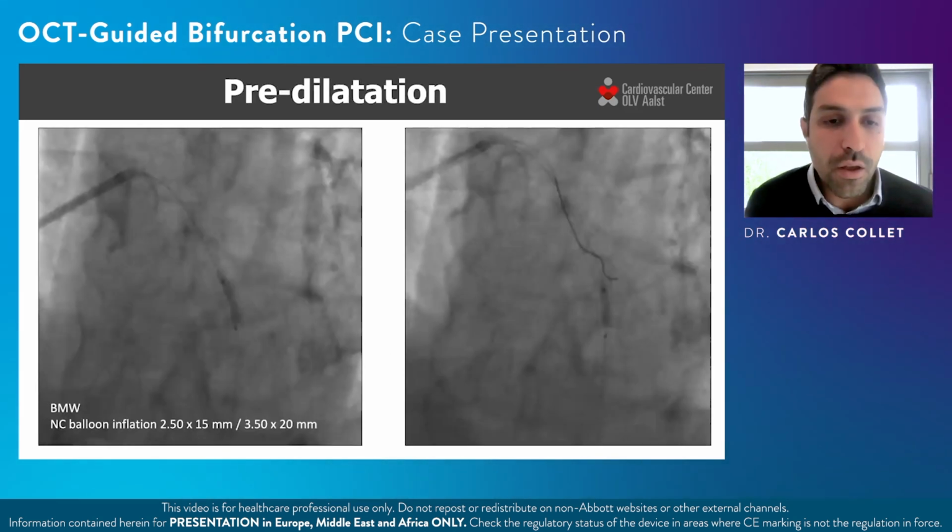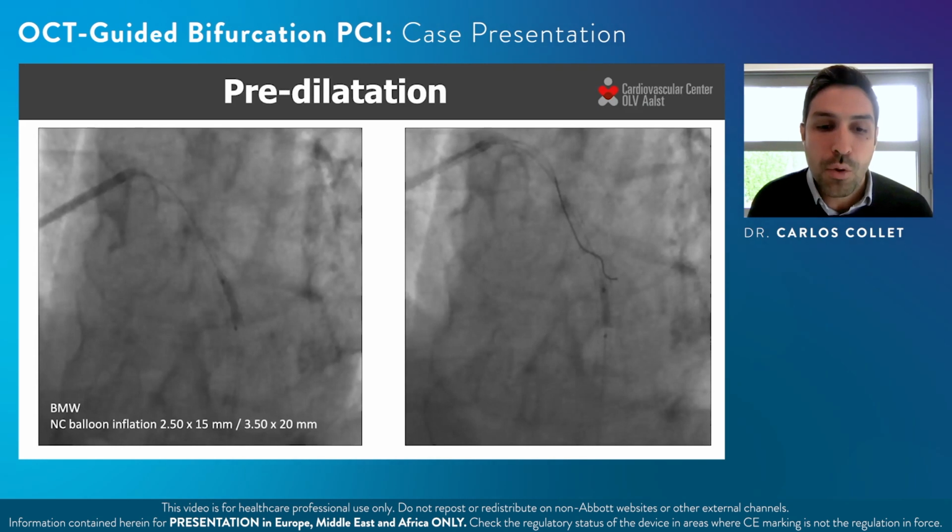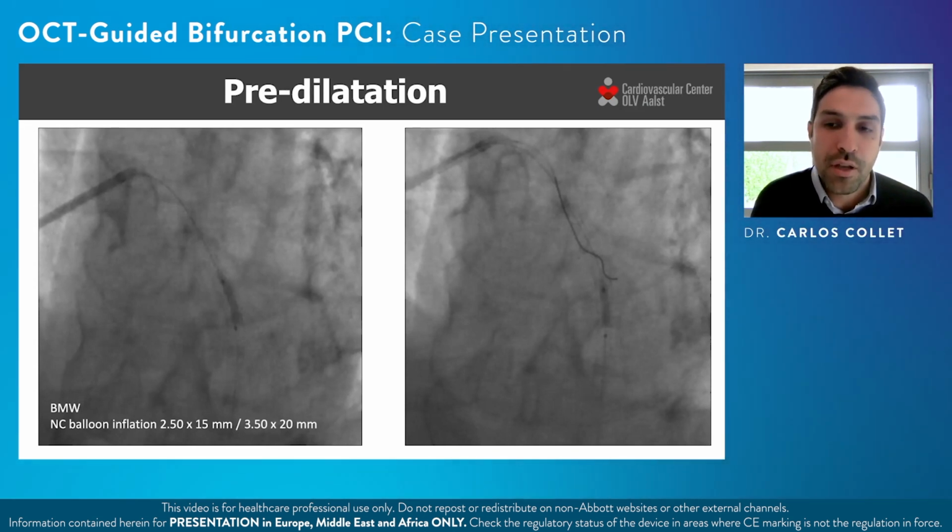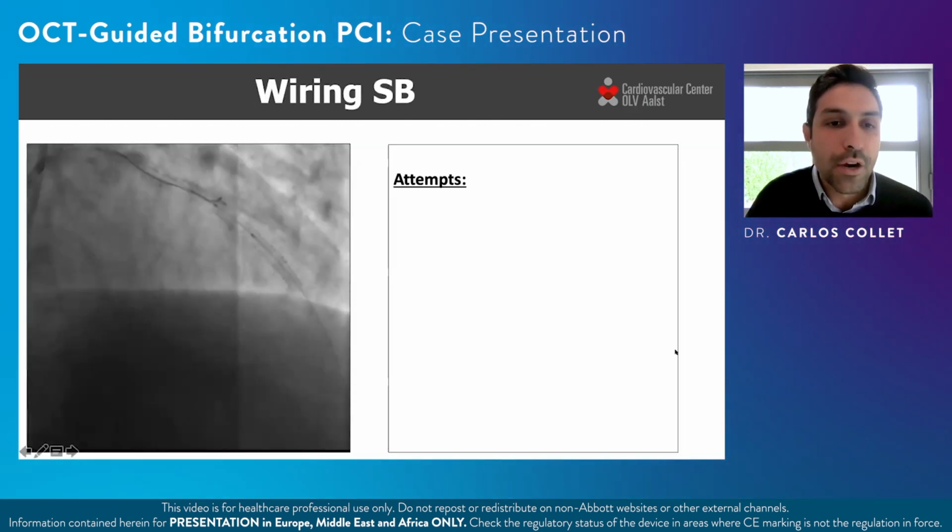So we started wiring the main branch, which was fairly easy, and we did a predilatation in the main branch with a 2.5 15 balloon, and then we went a little bit higher with a 3.5 20 balloon. This is for the main vessel. But we had some issues accessing the side branch, and we tried initially with the normal wires.